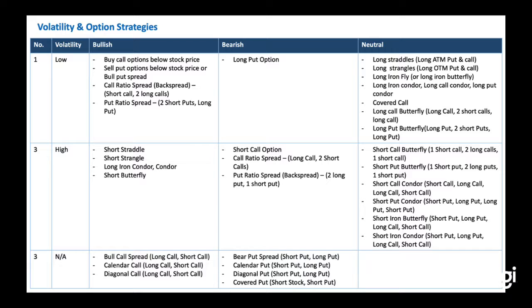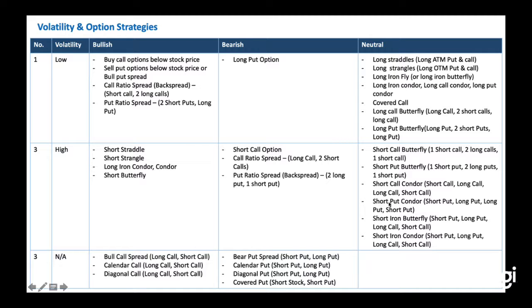You could also look at things like delta and make sure you look at delta 15 or something along those lines, which is much higher than current stock price. And you could look at call ratio spread. You can long or buy a call and short two calls, or you can also do a put ratio spread. You can do two long put and one short put.